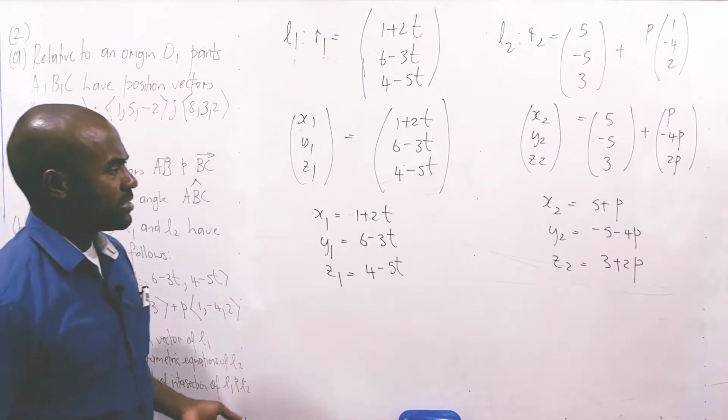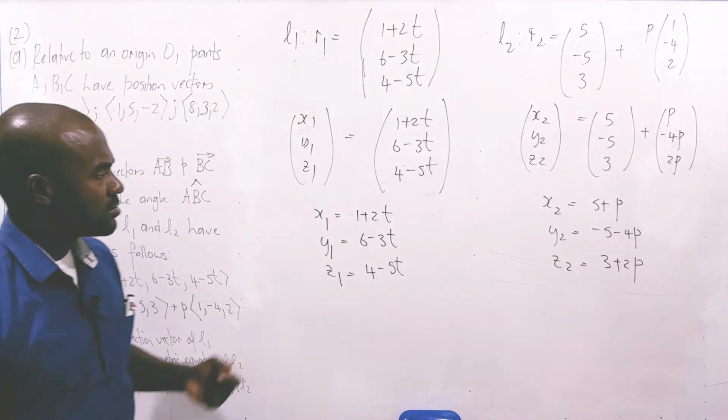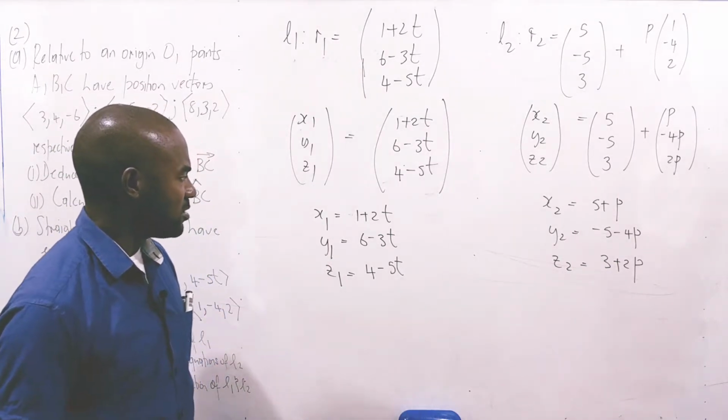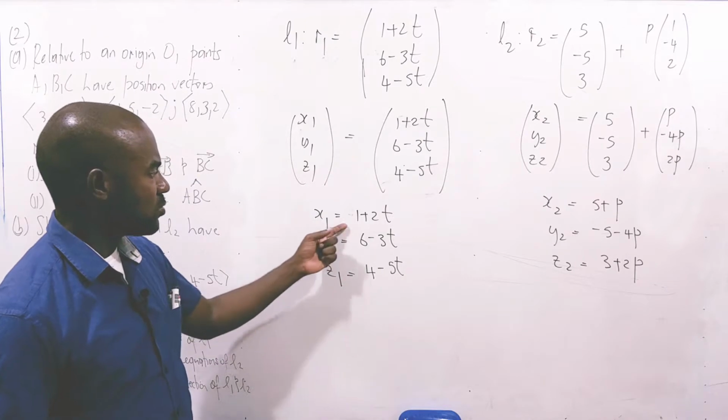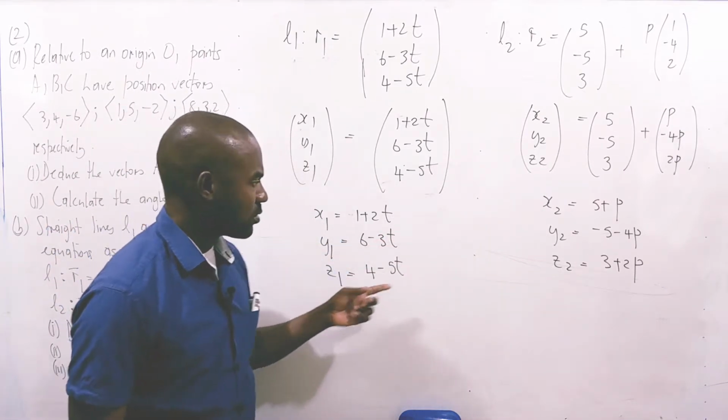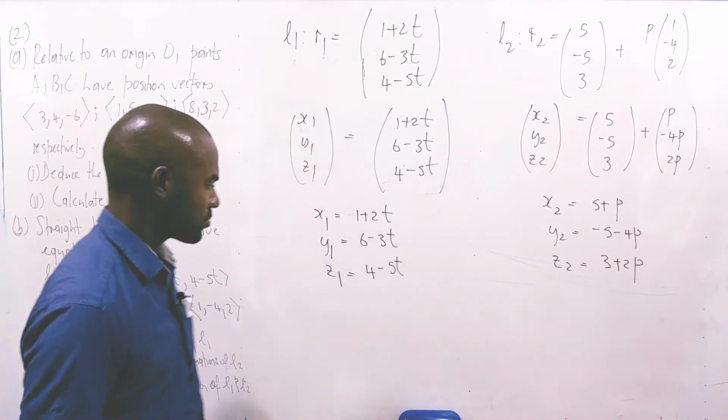Now if there is a point at which these two lines intersect, then it means there's some common point which satisfies these equations. What exactly does that mean? It means that x1 must be equal to x2, y1 must be equal to y2, and z1 must be equal to z2.